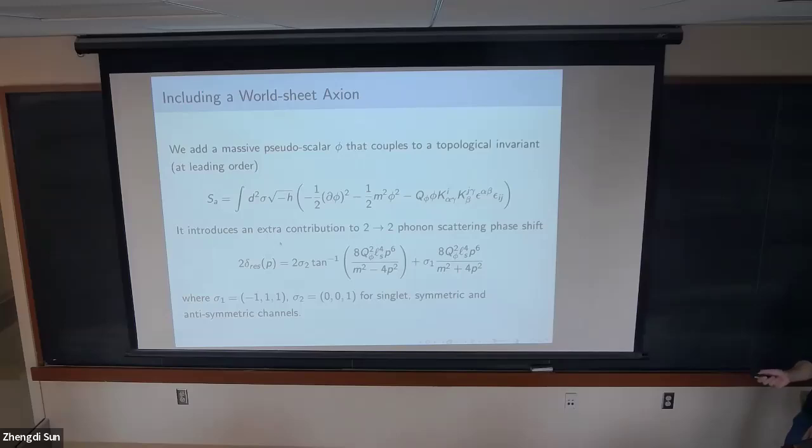And sigma 2 is the summation of the resonance, because on the complex s plane there's actually a pole, where the perturbation theory breaks down, and we need to resum all the contributions.